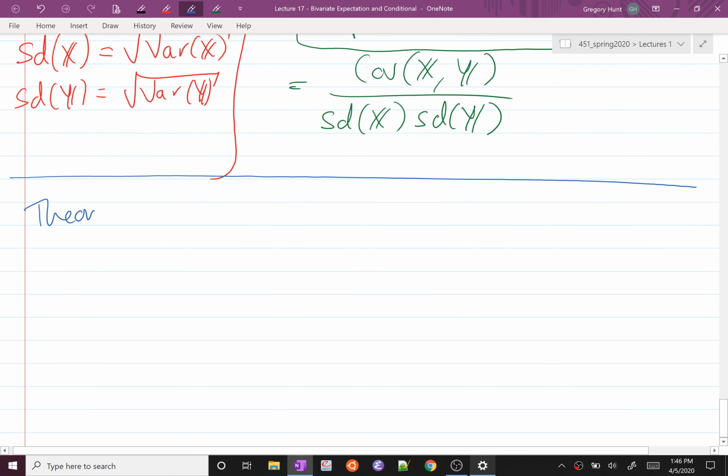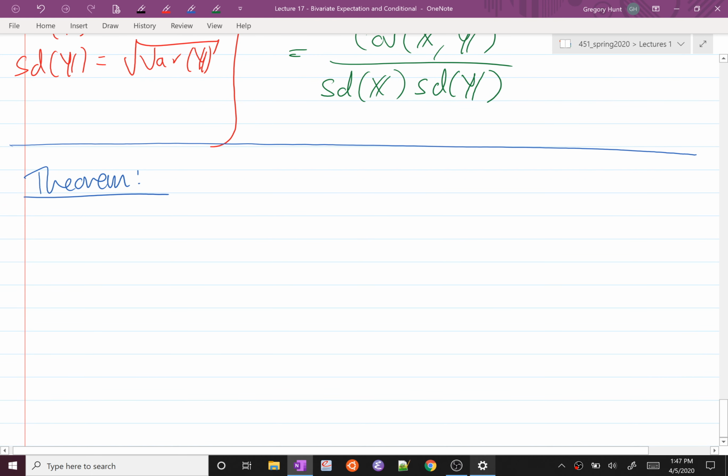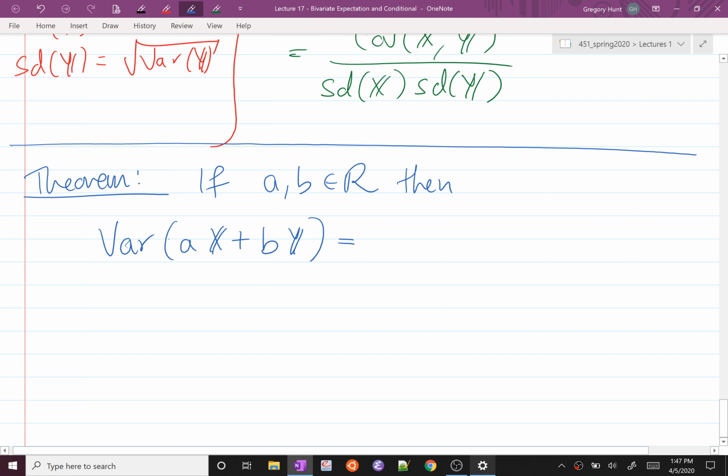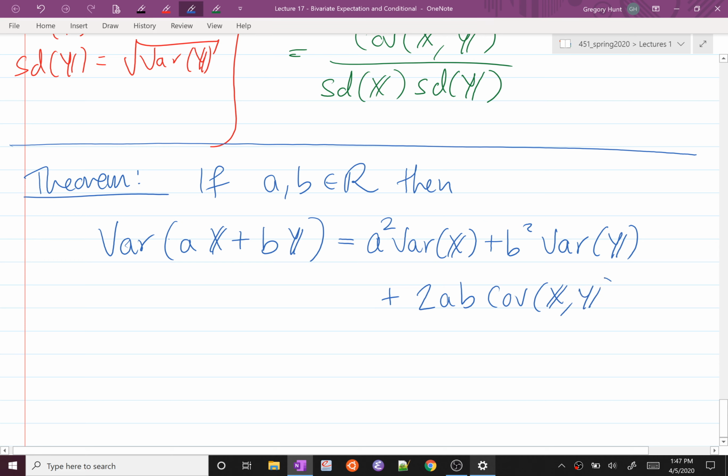Here's our first theorem. First we're going to go back to variance, and we're going to say if we have two constants, a and b, then if I look at the variance of ax plus by, this is going to be a squared variance of x plus b squared variance of y plus 2ab covariance of x, y.